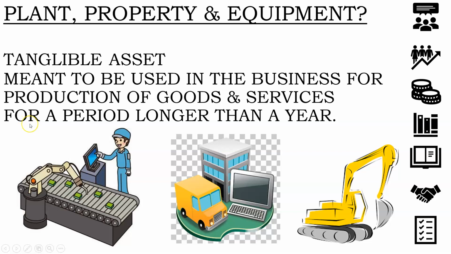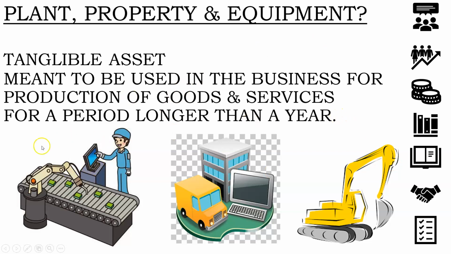But non-current assets, on the other hand, are those assets that are kept in the business for longer than 1 year. So here, in the third line, we can see that plant, property and equipment, or fixed assets in short, are the non-current assets of the firm or the entity.